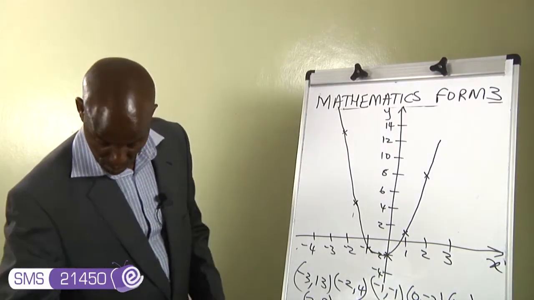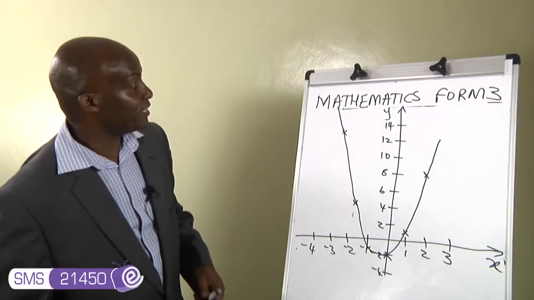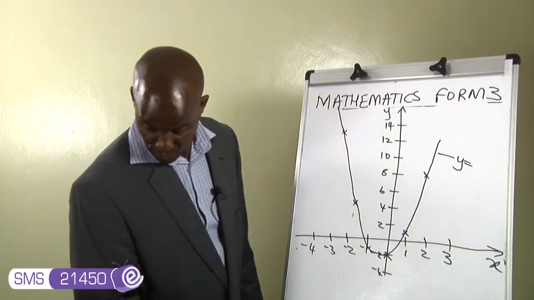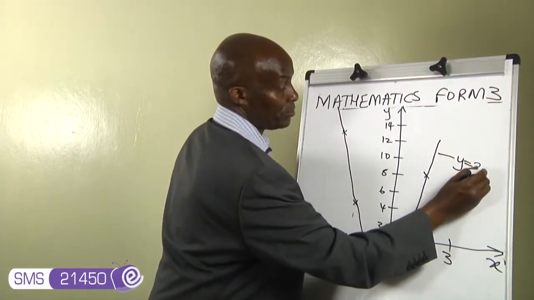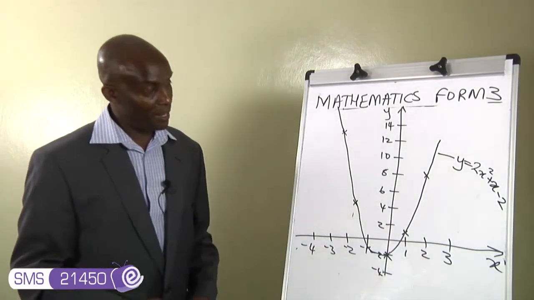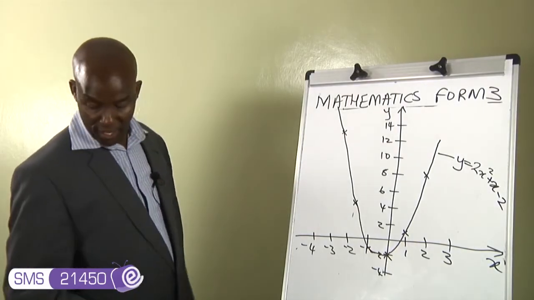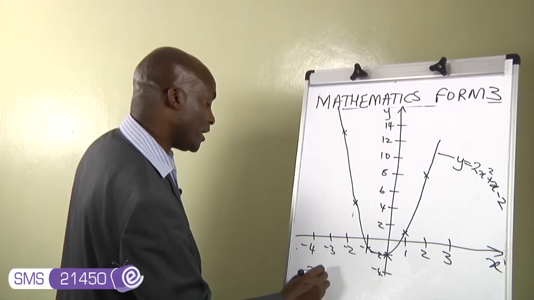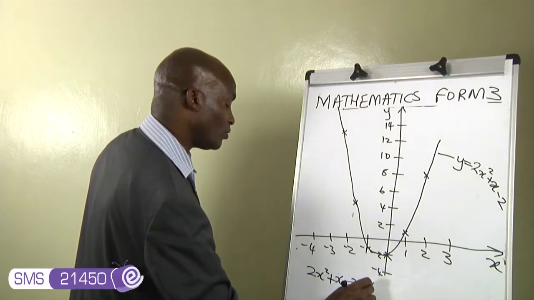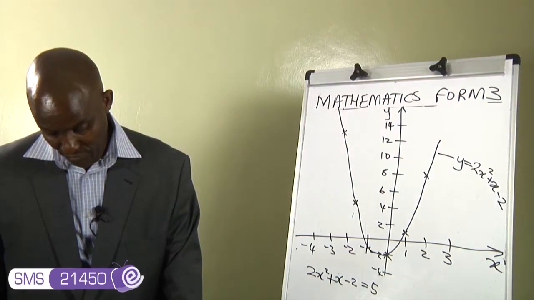Now, we are to use this graph to solve. This is the graph of y equals 2x squared plus x minus 2. And we want to solve the equation 2x squared plus x minus 2 equals 5. So how do we go about solving that?